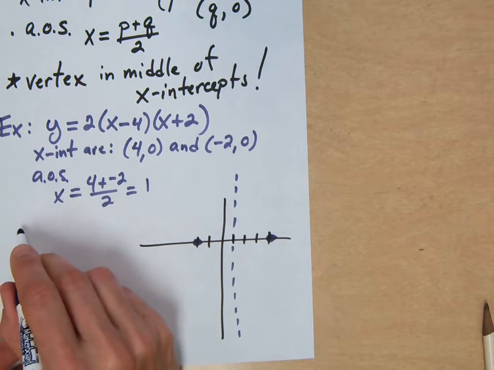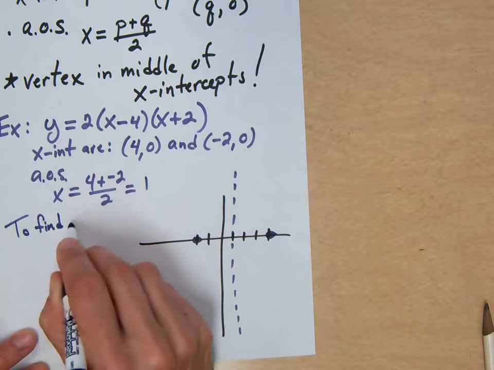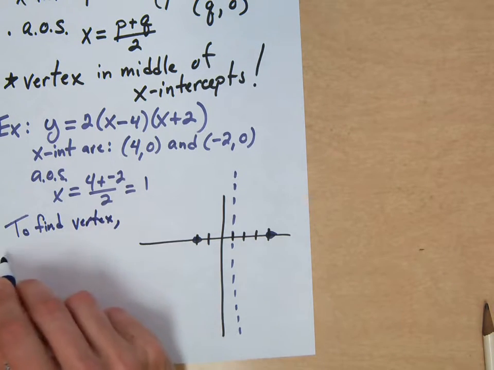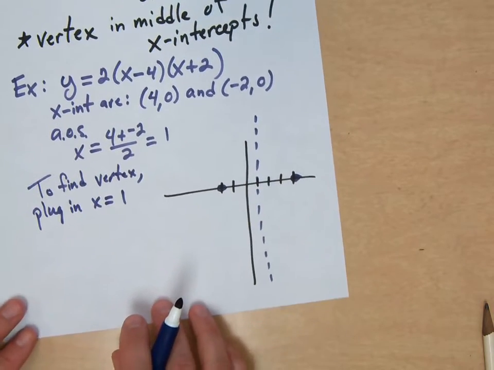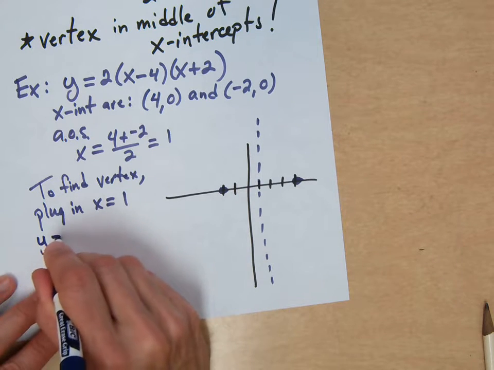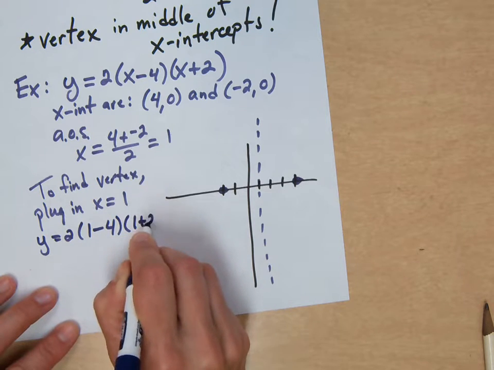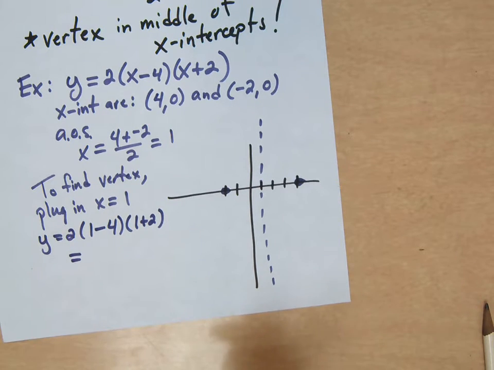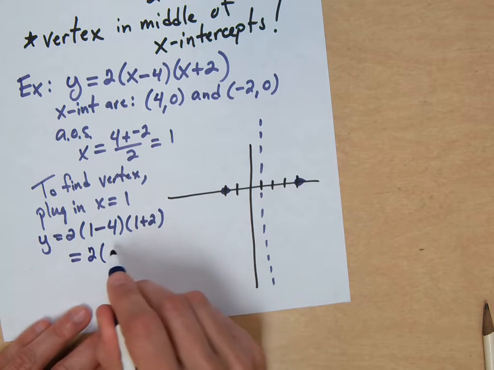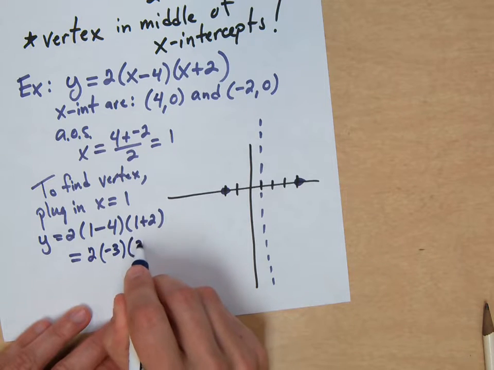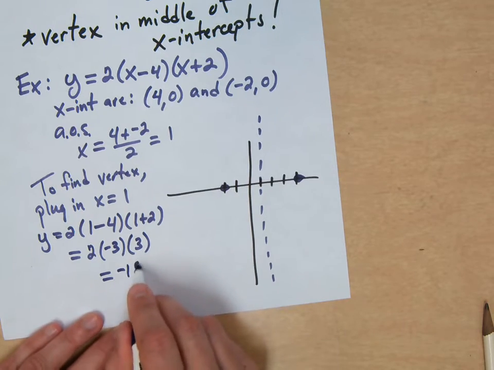So to find the vertex, plug in x equals 1. You get y equals 2 times (1 minus 4) times (1 plus 2). It's not that hard because it'll evaluate by order of operations. So it's just 2 times negative 3 times 3. Multiplying, 2 times negative 3 is negative 6, times 3 is negative 18.